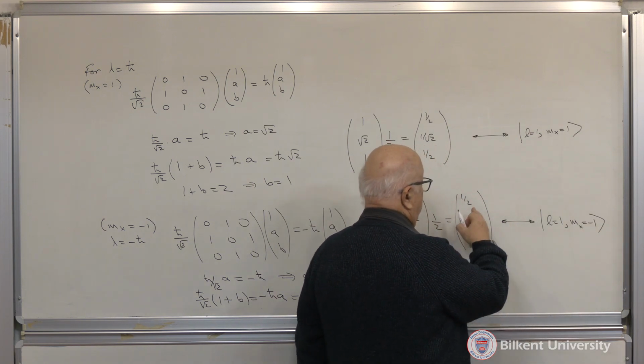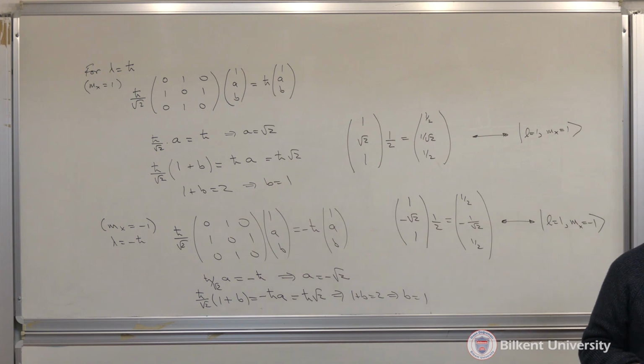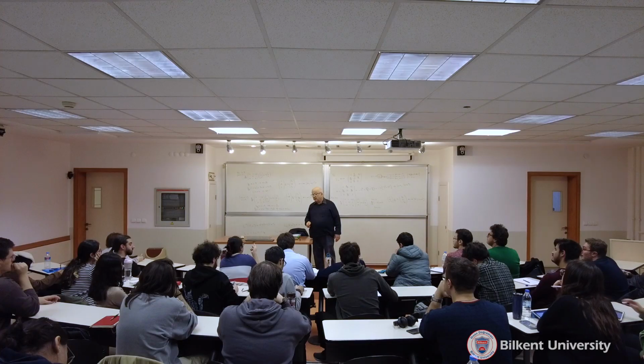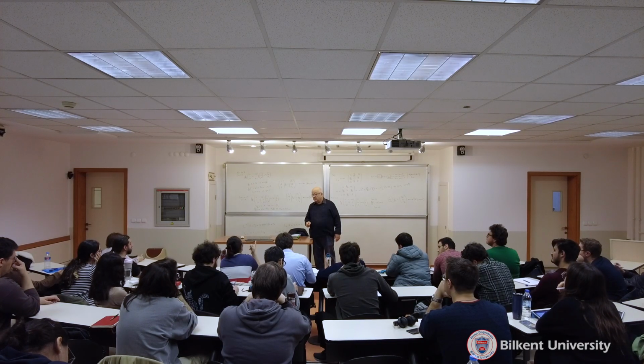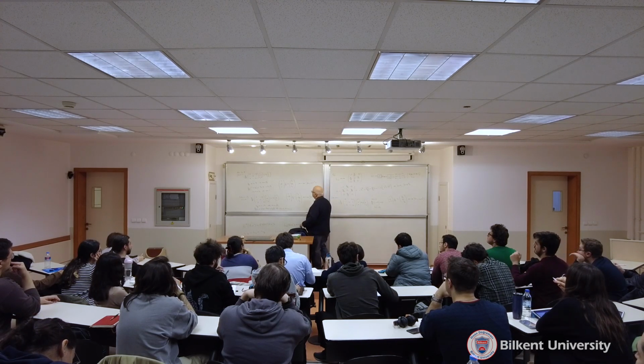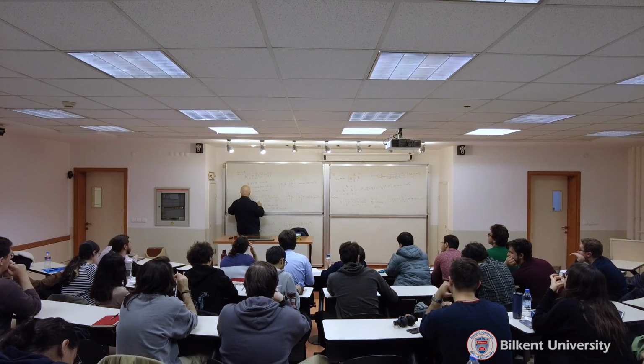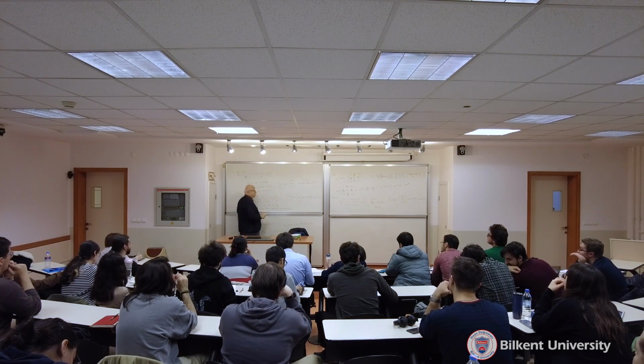So I found all the eigenvectors of this system. Yes? How do we know which eigenvector is associated with the eigenstate? It depends on the eigenvalue, right? So over here, the eigenvalue is minus h bar.